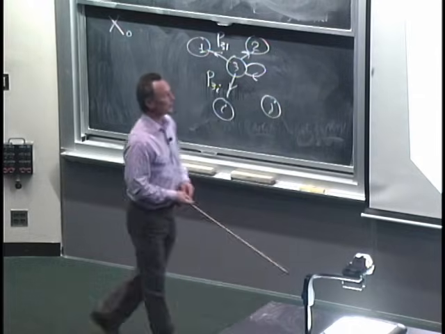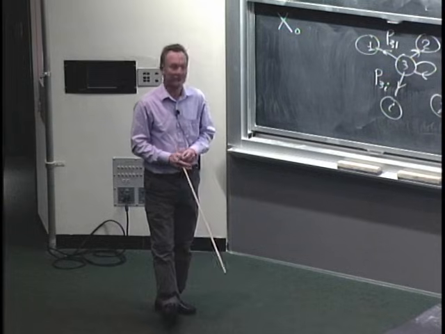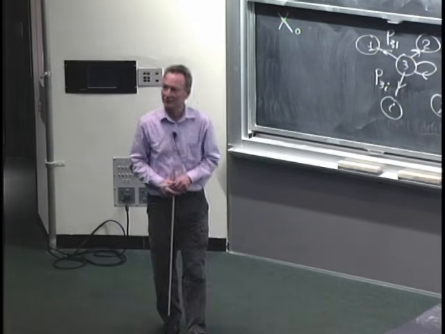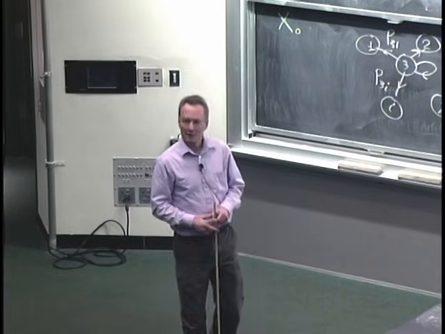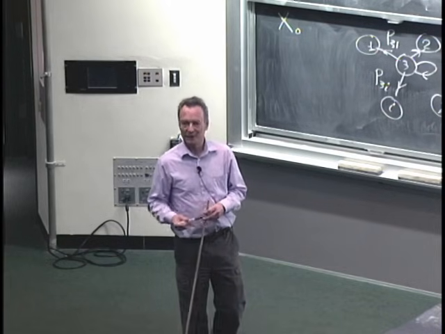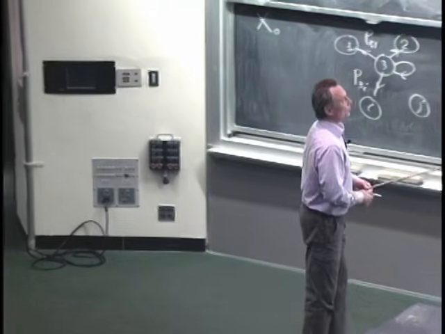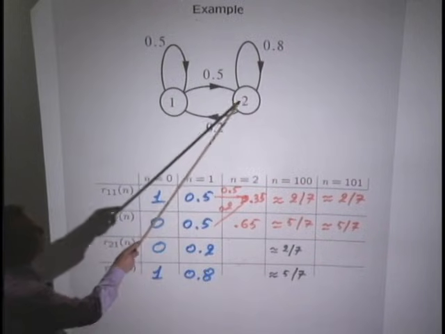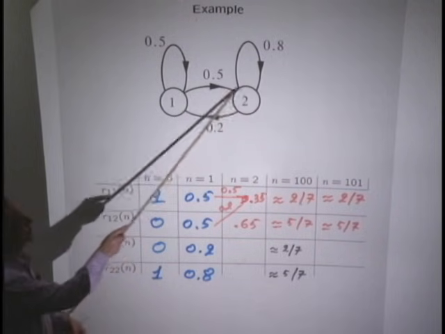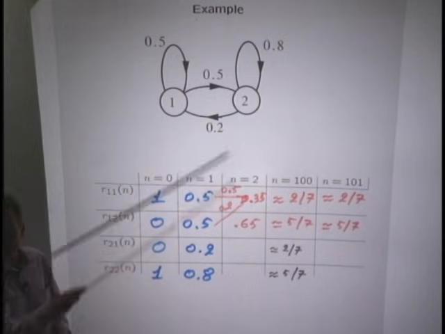So this numerical example sort of illustrates the idea that after the chain has run for a long time, what the state of the chain is does not care about the initial state of the chain. So if you start here, you know that you are going to stay here for some time, a few transitions, because this probability is kind of small.